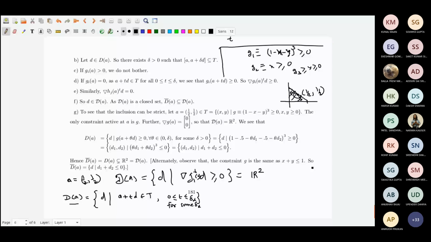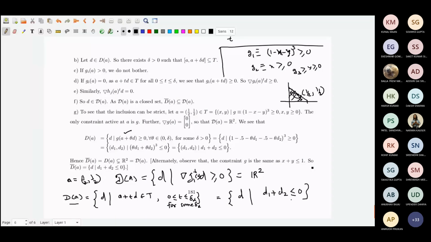So if you want to compute this one, you do the computation one after another. Here I have actually used only the single constraint, the first constraint. I have not used the second one, assuming that these are somewhat relative interior. So you can also use G2, G3 if you want to write it properly. This will be the set of all d1, d2 such that d1 plus d2 is less than or equal to 0.